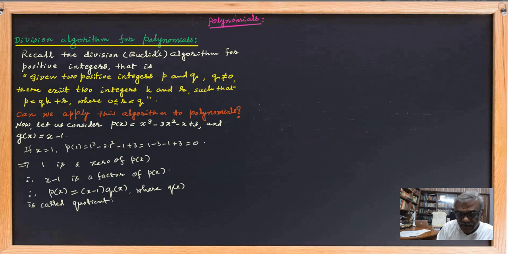How can we get this quotient? Quotient q(x) is equal to p(x) by x minus 1, that is p(x) by g(x). Now you can see this quotient is obtained by dividing p(x) by g(x). Then what is the procedure?